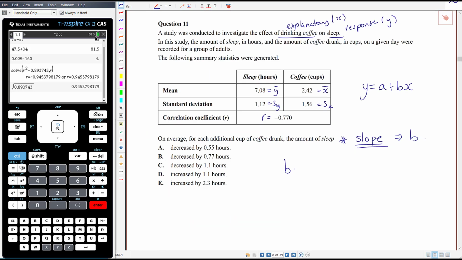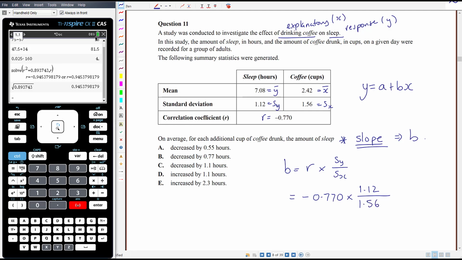So b is equal to the correlation coefficient times the standard deviation of y over the standard deviation of x. In this case, that is negative 0.770 multiplied by the standard deviation of y, 1.12, divided by the standard deviation of x, which is 1.56.